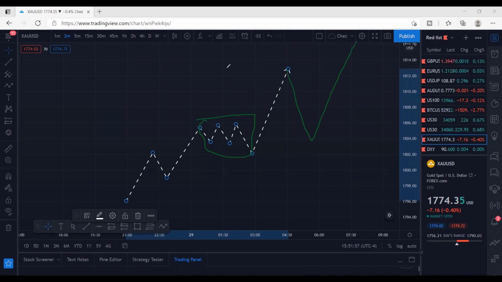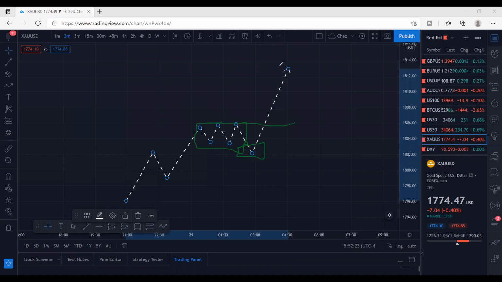Now, in terms of structure, you would have to say that this last move right below here is the catalyst of the break of the structure. So this move right here would be the catalyst of the break of this structure point right there.